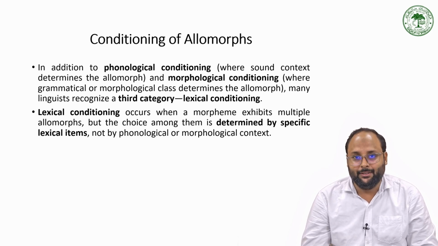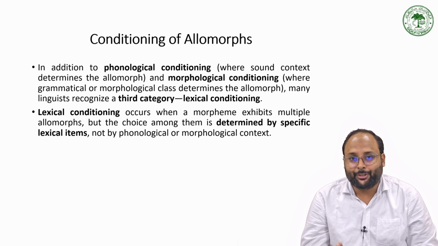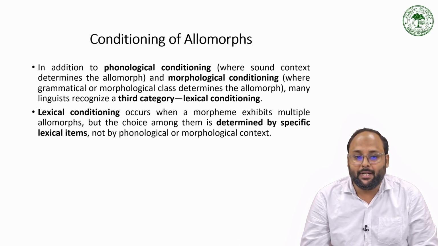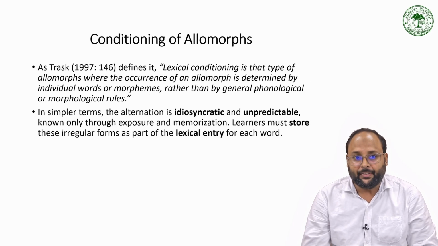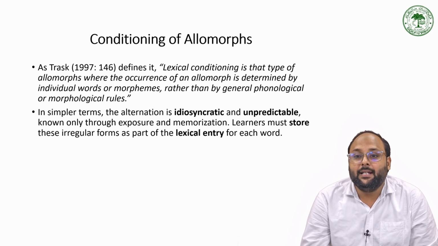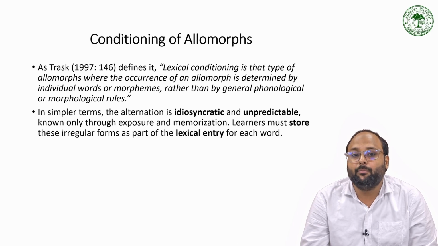So that choice or alternation or variation does not depend on phonology and morphology. It is unique and specific to particular lexical items. So as defined, lexical conditioning is that type of allomorphy where the occurrence of an allomorph is determined by an individual word or morpheme rather than general phonological or morphological rules.